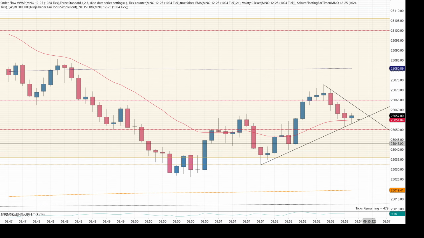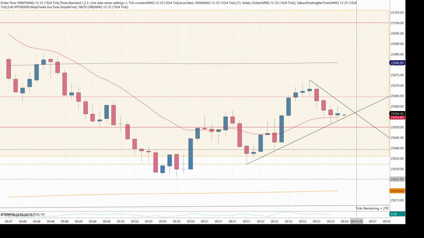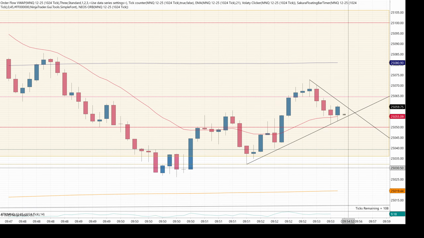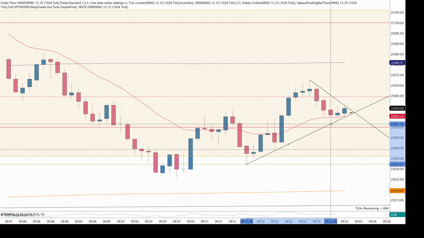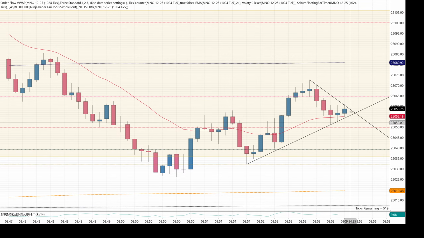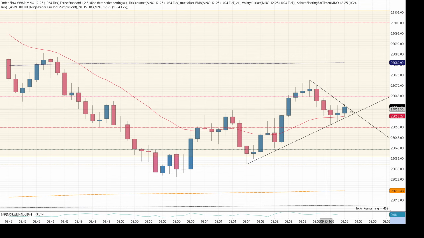Instead, let's see. This is going to be a... Okay. If it triggers up, it's going to be false positive, unfortunately, which it just did.